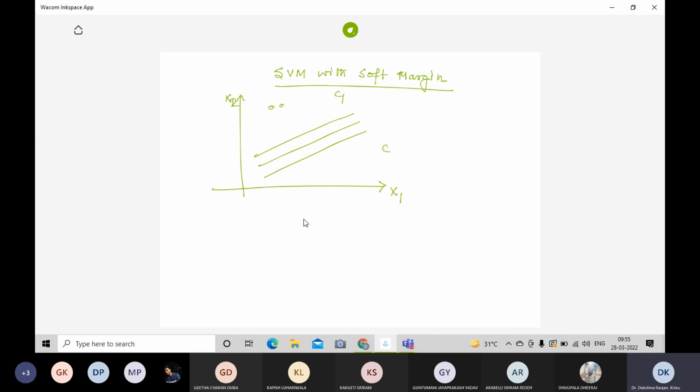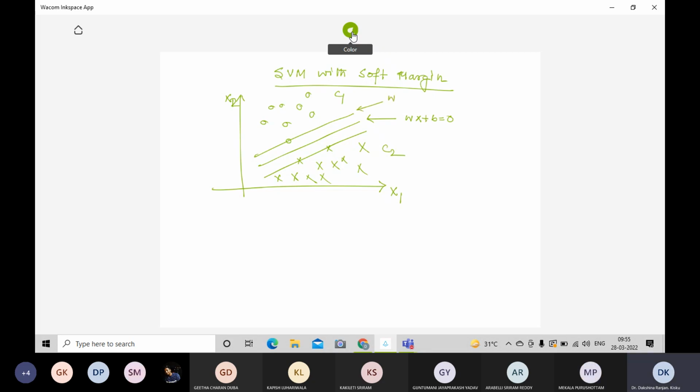This is our C1 class. This is C2 class. This is one support vector. This is two support vector. So this is the equation of the hyperplane.